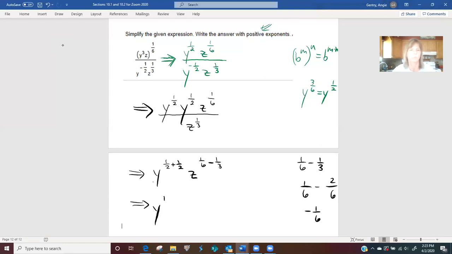You know what that means. Now for a final answer, we need positive exponents. So y goes upstairs and z to the 1/6 goes downstairs. You can't always tell which way they're going to turn out. I wasn't paying attention to the actual exponents. But that's okay.